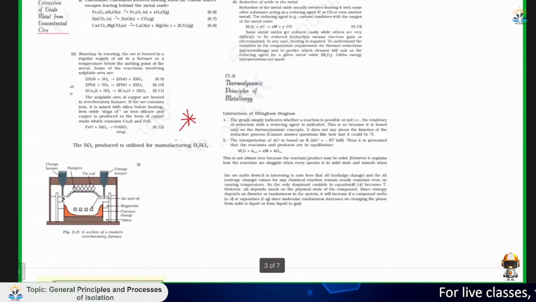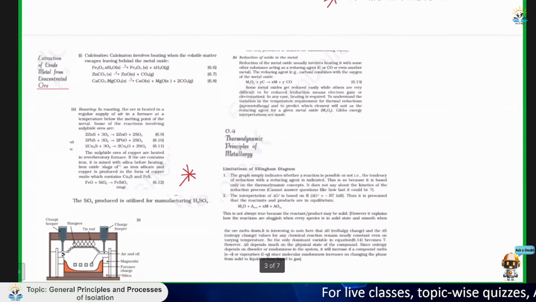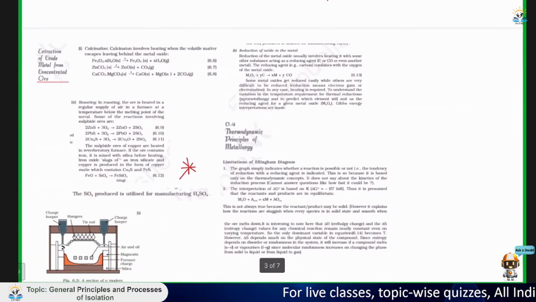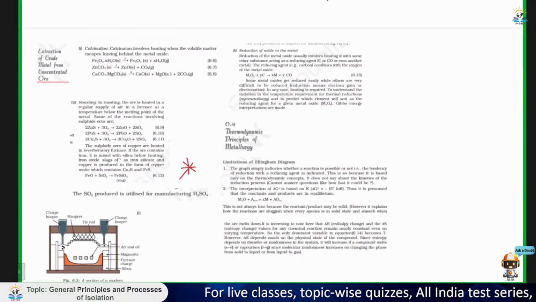That's a reverberatory furnace, basically having no air supply. Reduction of oxide to metal, we're going to do it by adding either carbon or CO based on the temperature.